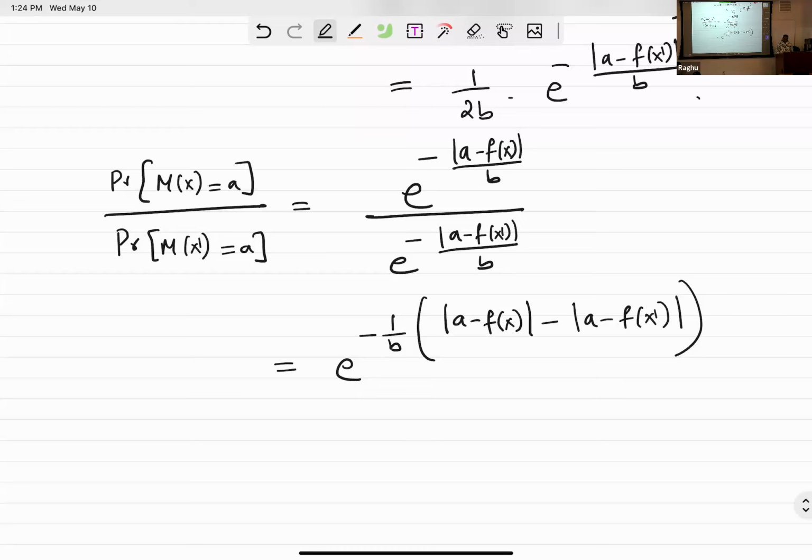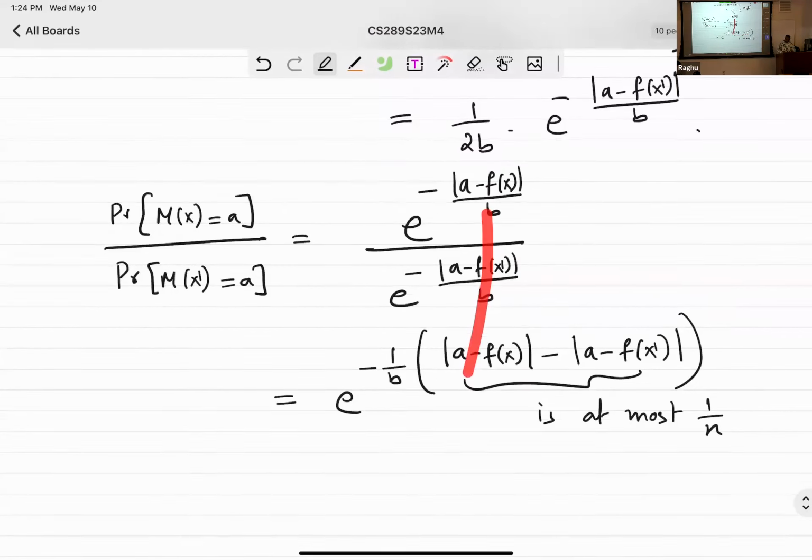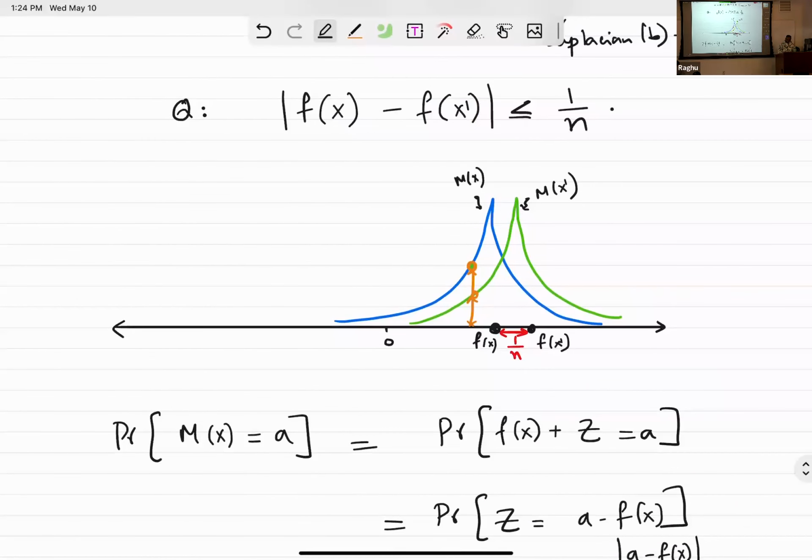And as we said, this gap is at most 1/n, because the means f of x and f of x prime differ by at most 1/n. They're pretty close to each other.